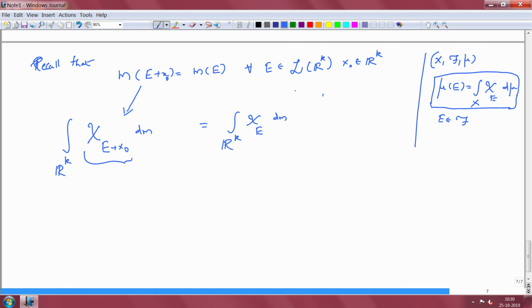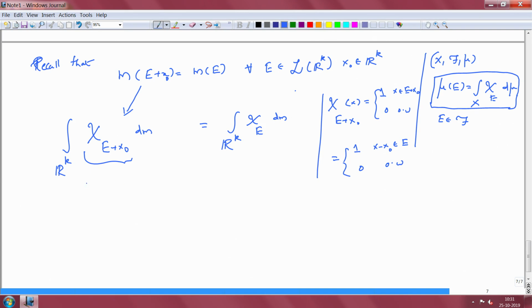How is this defined? The indicator of E plus x naught at the point x is 1 if x belongs to E plus x naught and 0 otherwise, which is the same as 1 if x minus x naught belongs to E and 0 otherwise.